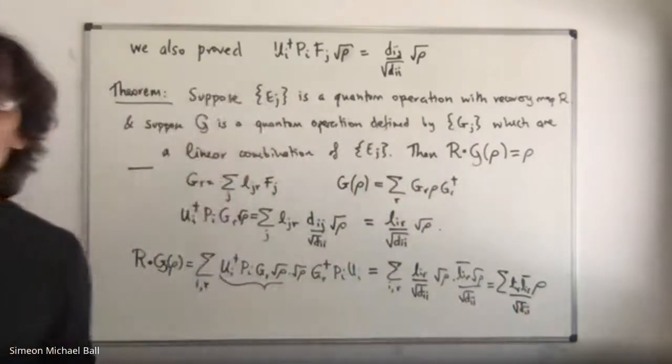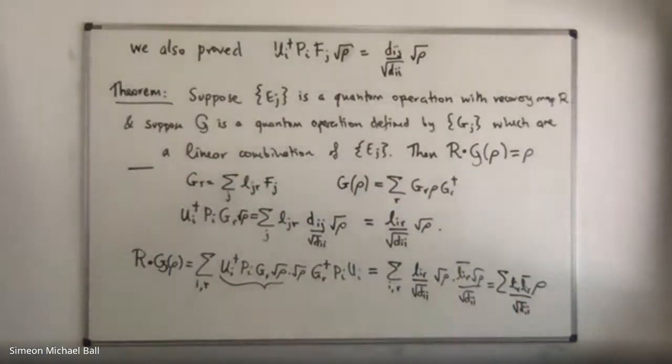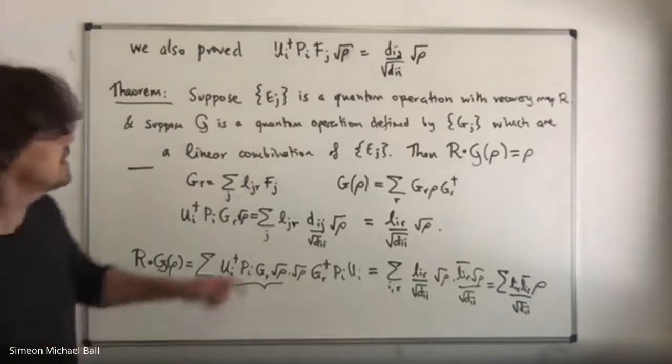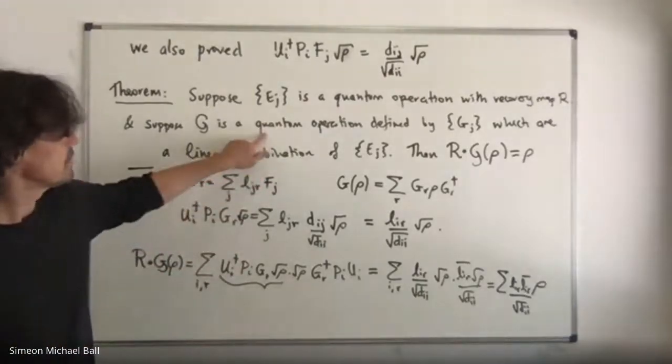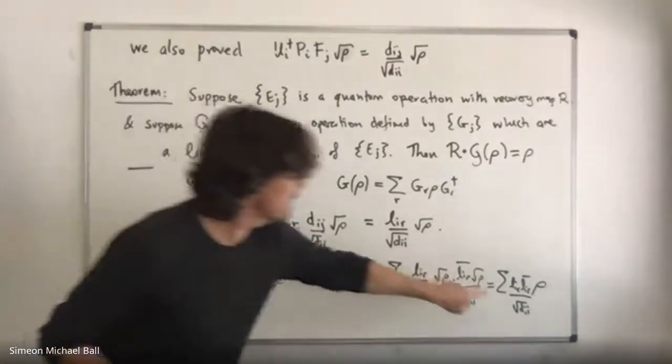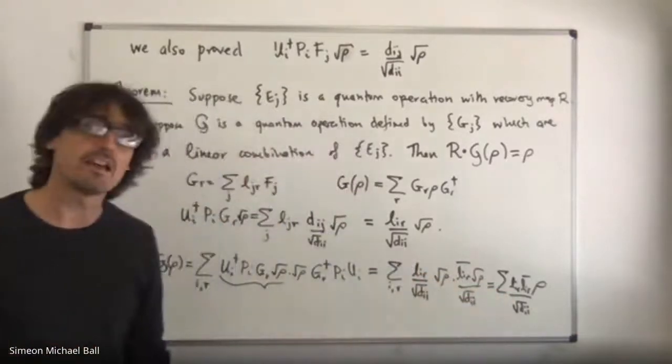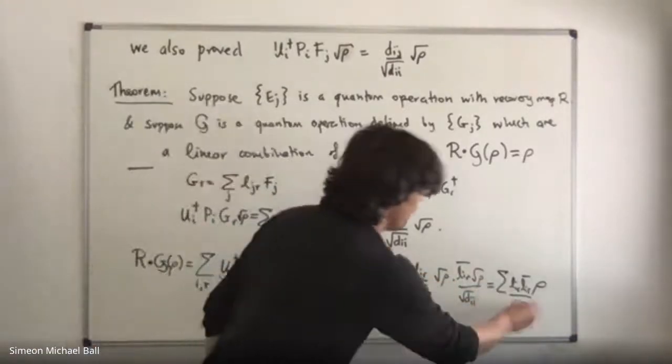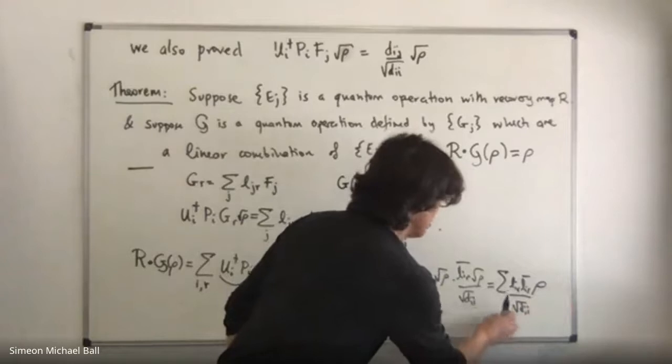And I will leave it as an exercise to you, which is similar to what I did at the beginning today, to prove from the fact that the G's are a quantum operation that this implies that these L's here, this is actually equal to 1.